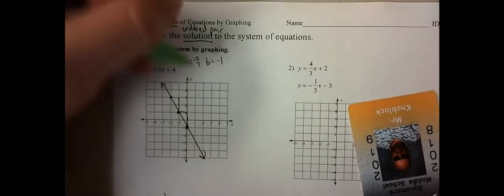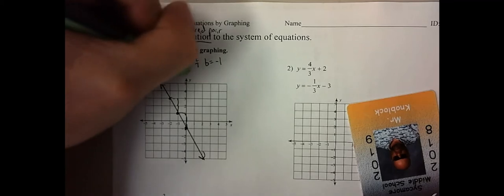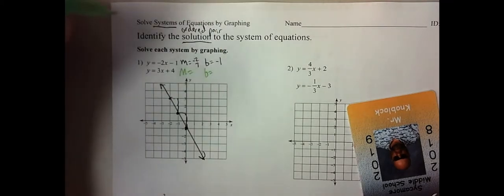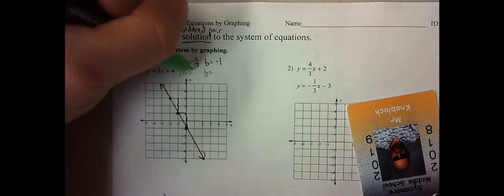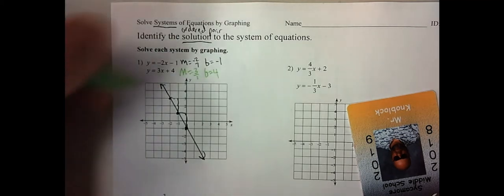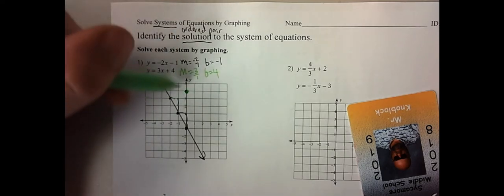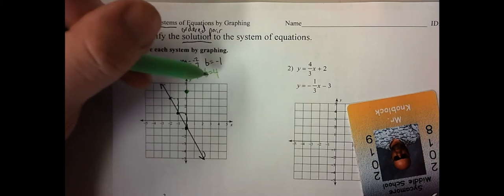So the second line, we have M equals, B equals. So my M is 3, I'm going to say 3 over 1. And my B is 4. So on this one, I go up to 4, I start, and then I see I have to go up 3. Well, if I go up 3, I'm definitely off that graph.